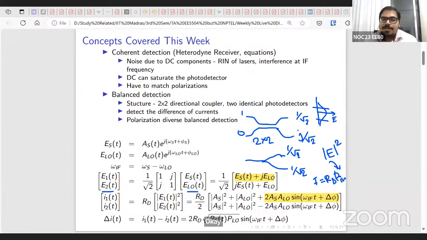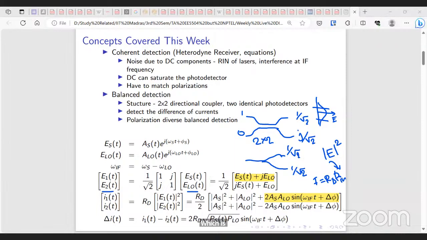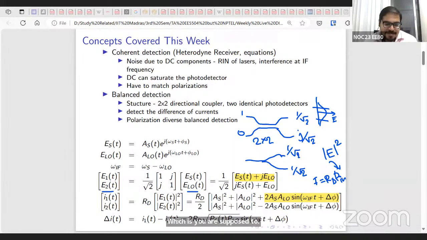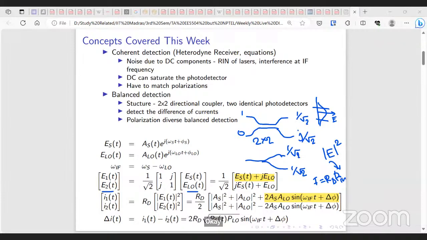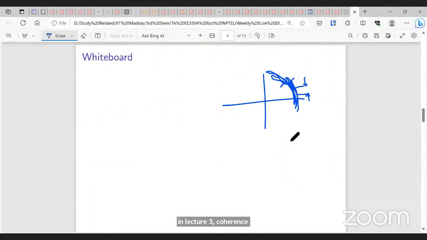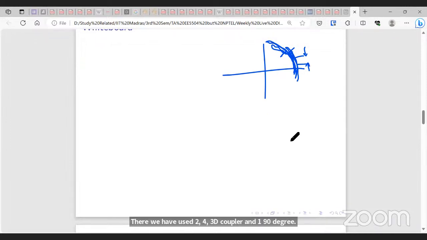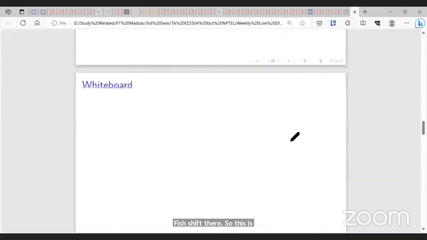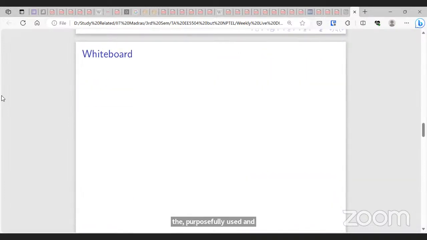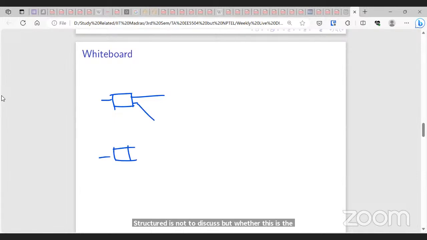The structure we have not discussed. Is this the structure which is given in the assignment?